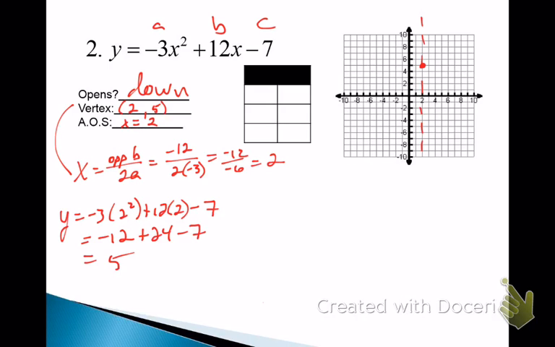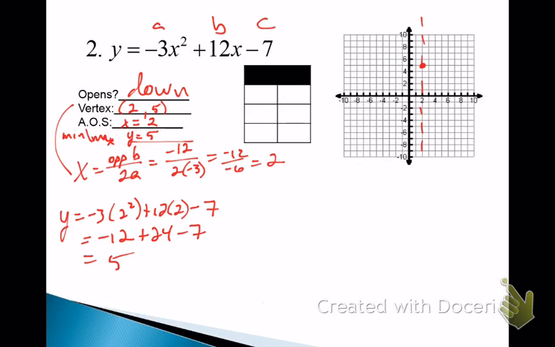Okay? Now, minimum or maximum, I want to make sure we put that in here. Since this guy opens down, it's going to have a maximum. It's going to have a highest value, a highest point, which is going to be y equals 5. And again, it's always the y coordinate of your vertex.